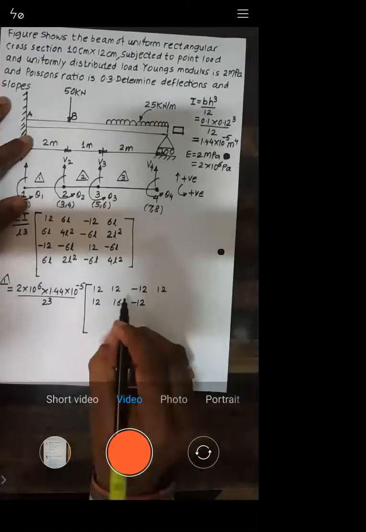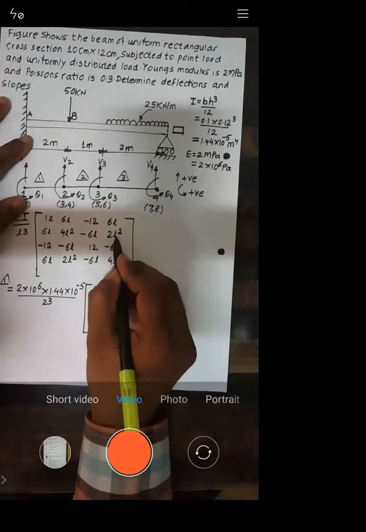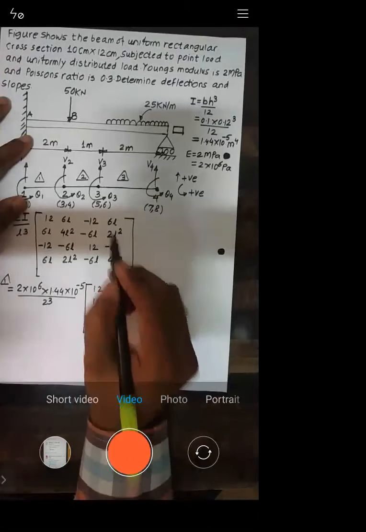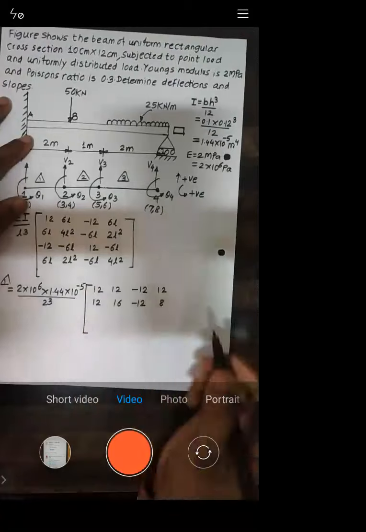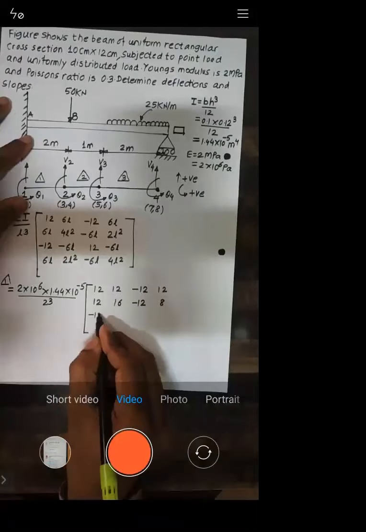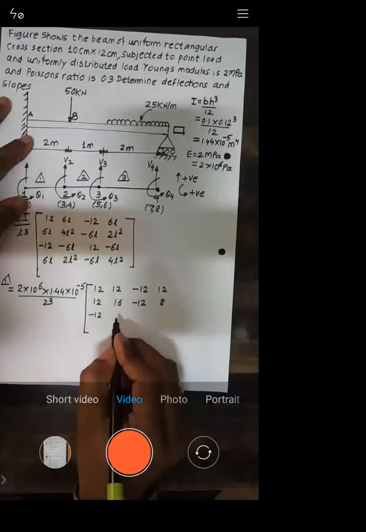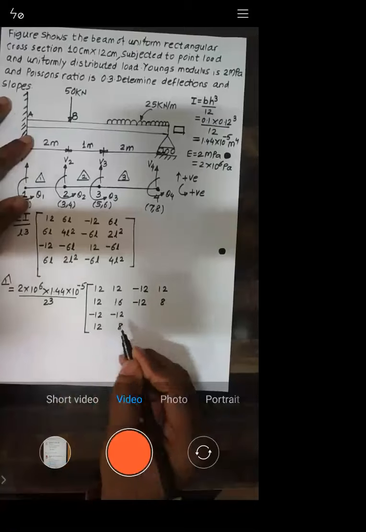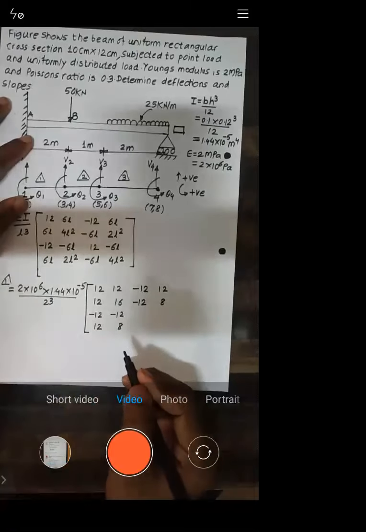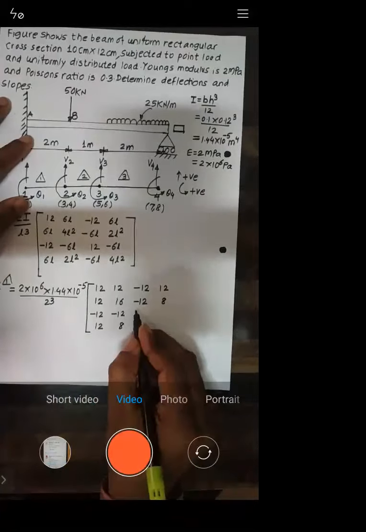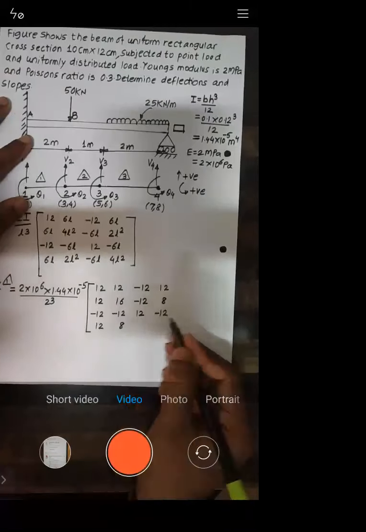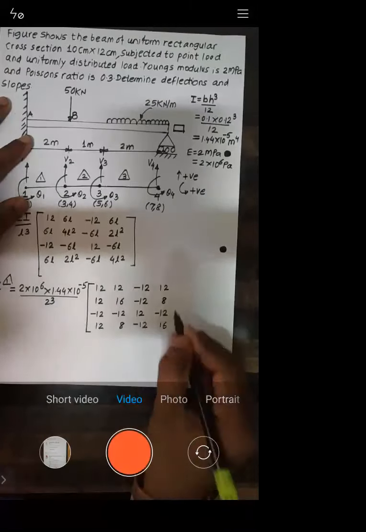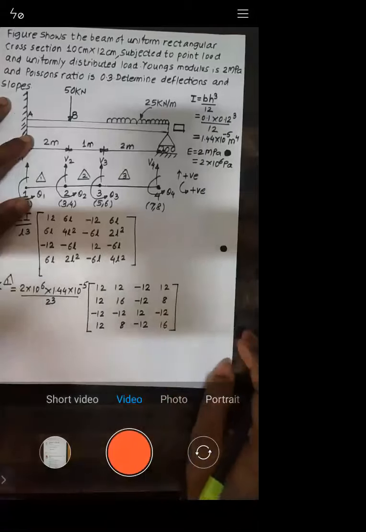Then L square, that is 2 square, is 4, and 4 into 2 is 8. Then I need to write minus 12, then again minus 12, here 12, and here 8. Then 12, minus 12, minus 12 and 16. Is it okay or not?